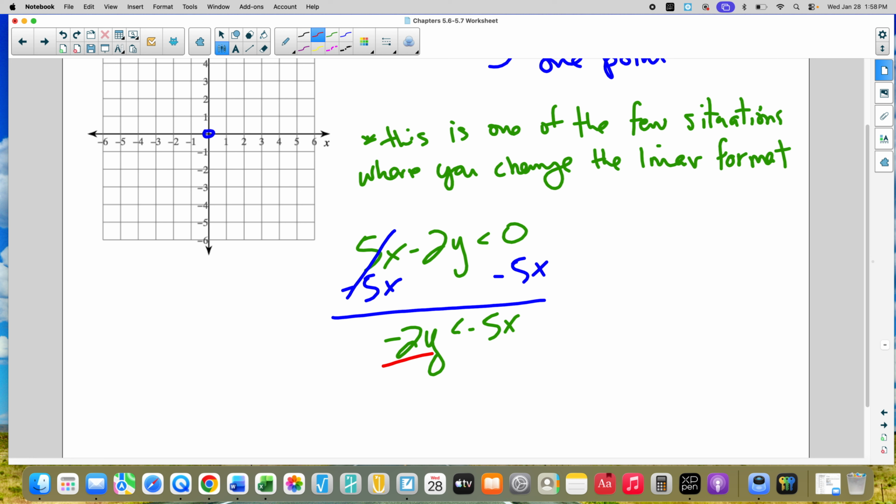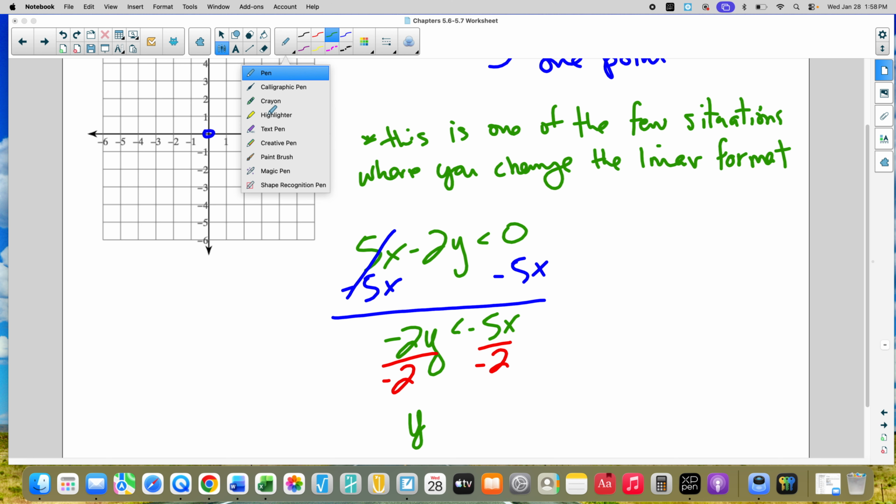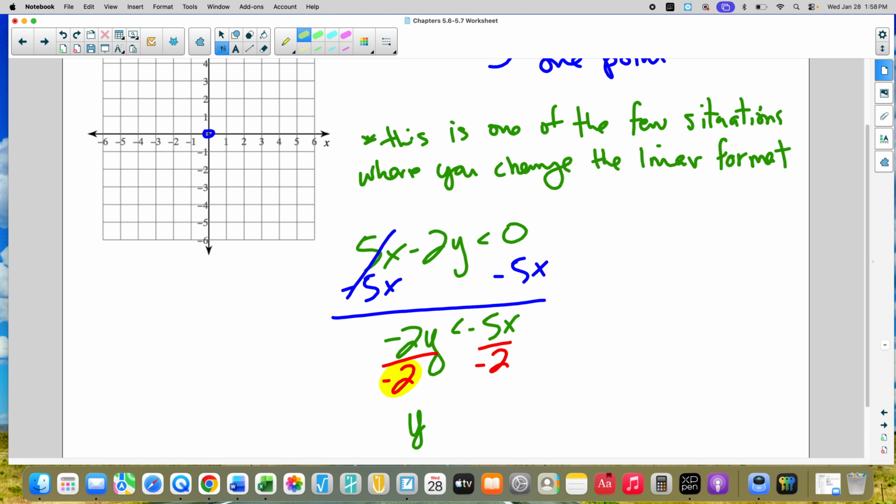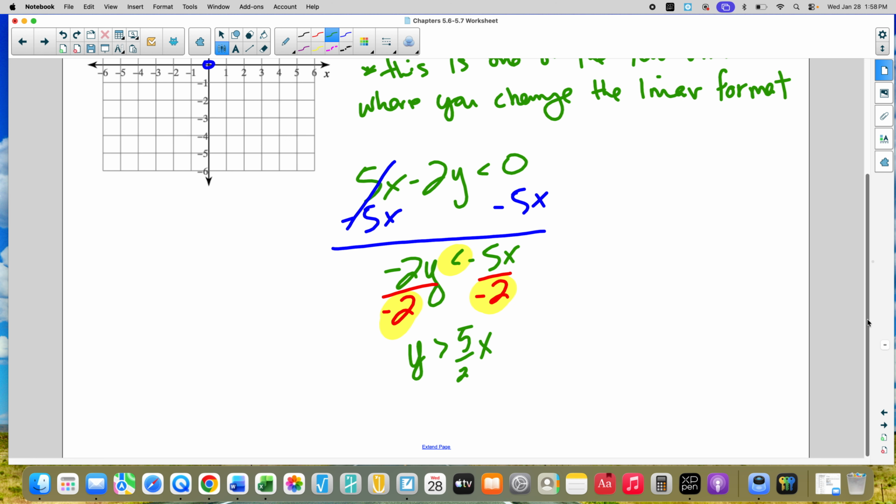I'm going to divide by negative 2, and I get y. Now, because I divided both sides of an inequality by a negative number, I need to flip the inequality sign. And then negative 5x over negative 2 is 5 halves x. The two negatives cancel, and we're left with this.